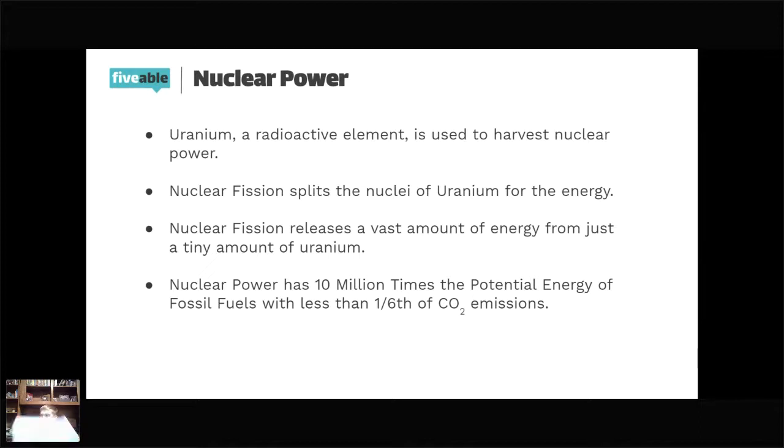And why do we like nuclear power? Well, it's like all of the other renewable energy sources. It produces 10 million times the amount of energy that fossil fuels can produce by burning them. And also, it has less than 1/6 of the carbon emissions. So making nuclear power doesn't actually create any carbon dioxide in the atmosphere. What it does is the carbon dioxide emissions are coming from the transporting of uranium.